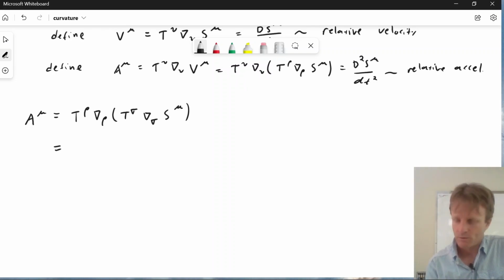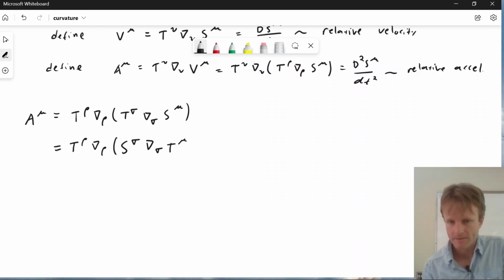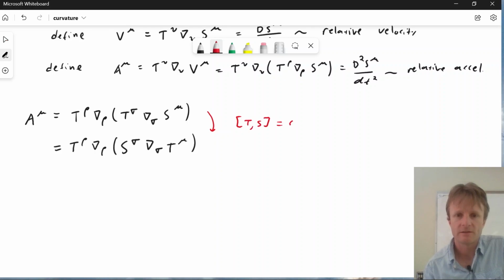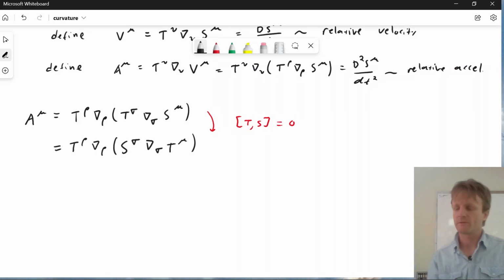Okay. Now, the next thing we're going to do with this is we're going to use that T and S commute. So it was, you have it written down in your notes, presumably, if you're taking notes. So this T dot grad S can be replaced by S dot grad T. So this step was that commutator of T and S equals 0 that we derived previously. We just noted that the commutator can also be written in terms of the covariant derivative.